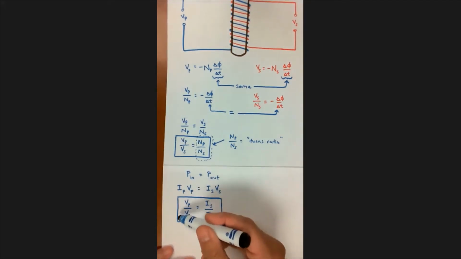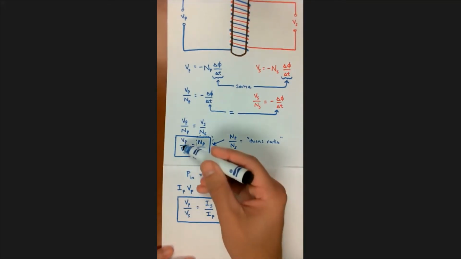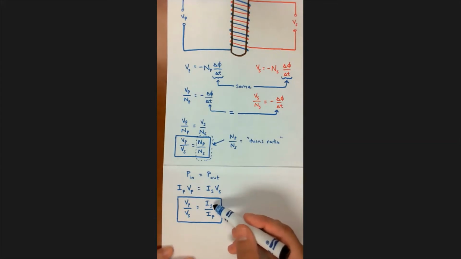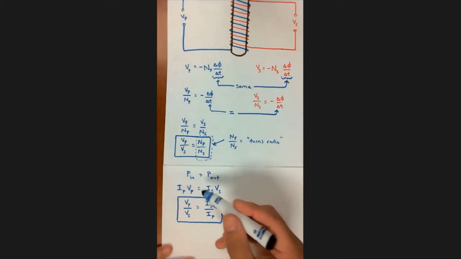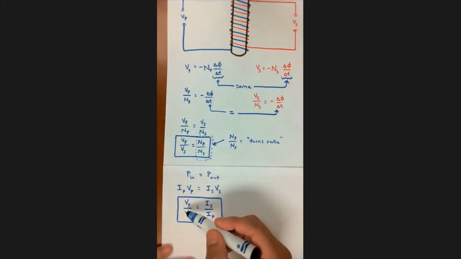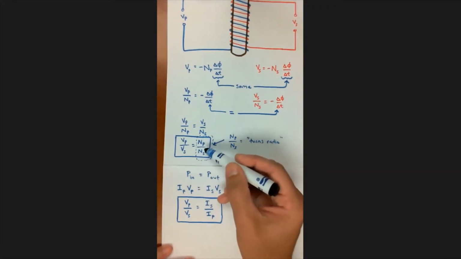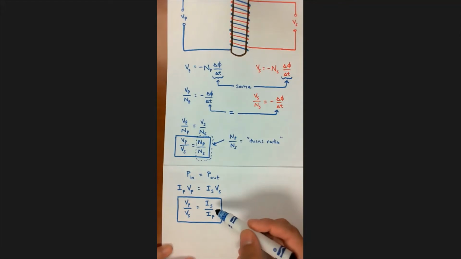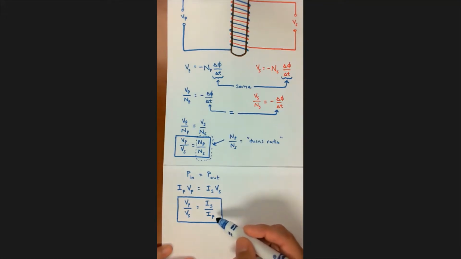Here we have that same term on the left-hand side, V sub P divided by V sub S, equals the current in the secondary divided by the current in the primary. This is a big thing to point out: in all of these terms I have primary divided by secondary, except for this current ratio right here. The current ratio is the secondary current divided by the primary current.